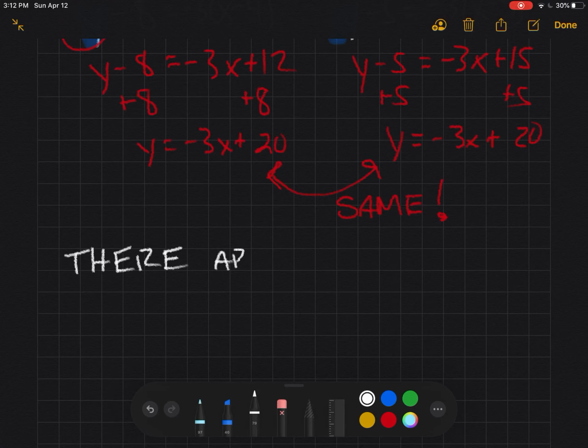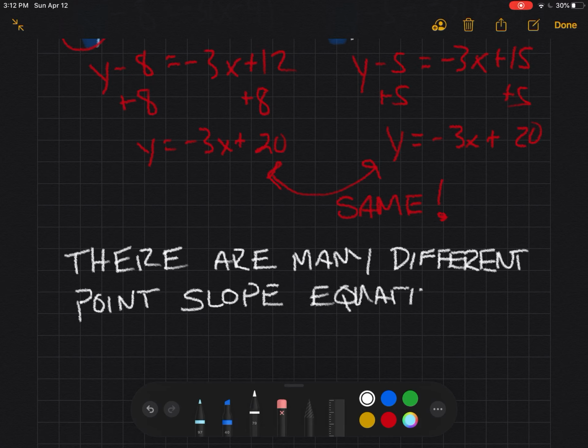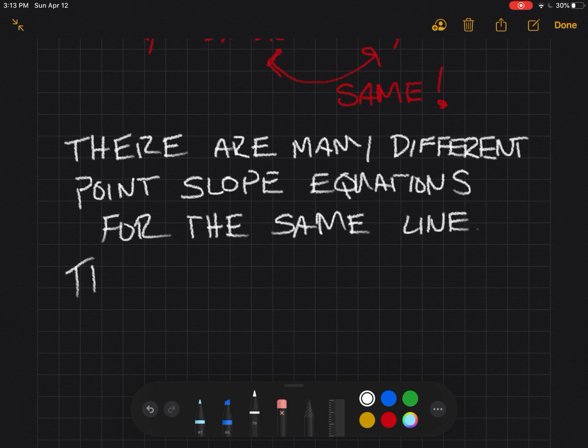So the takeaway here, the important thing I want you to know is that there are many different point slope equations for the same line.